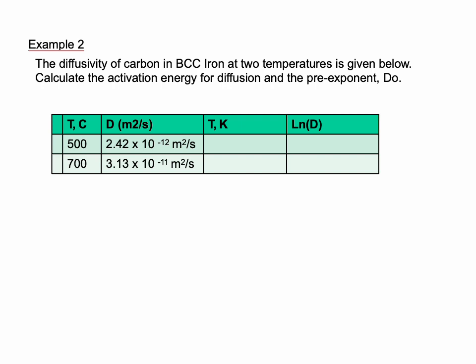And so inverse temperature here is going to be 1.29 times 10 to the negative 3 and 1.02 times 10 to the negative 3, and diffusivity 2.42 times 10 to the negative 12.